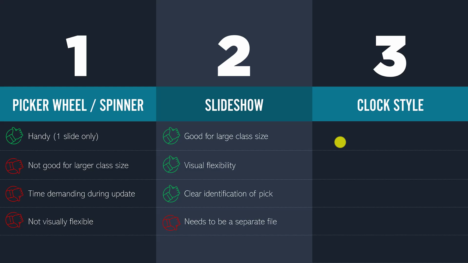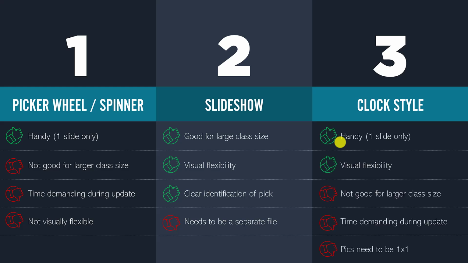And last one, the clock style method. It is handy. You'll also be using one slide for this one. It's visually flexible because you can also use images for this one if you wanted to spice it up a bit. However, it's not good for larger class size. So as you can see from our example, we only used 15 headshots of children.